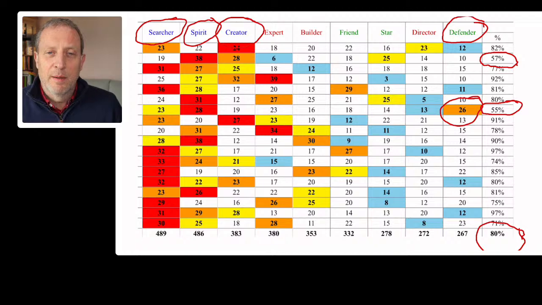So there would only be one person really driving that, and that person might become a little bit disgruntled. They might feel uncomfortable because there's so much change going on. That person would think, well, actually, we need to stop and think about this a little bit more than what we're doing. That person still has those top three motivators, a high Spirit and high Searcher.